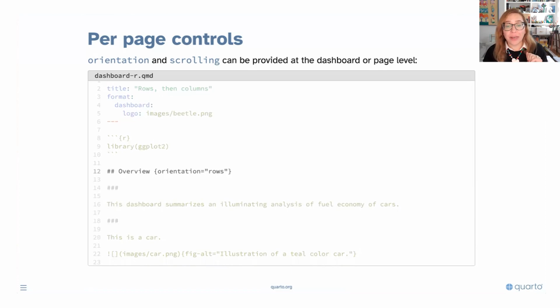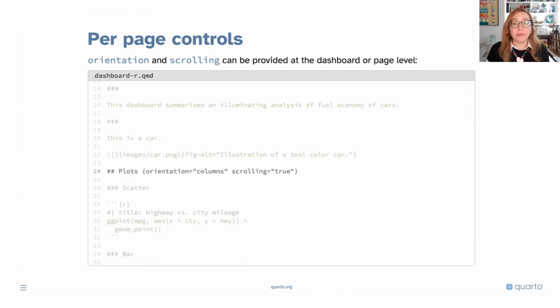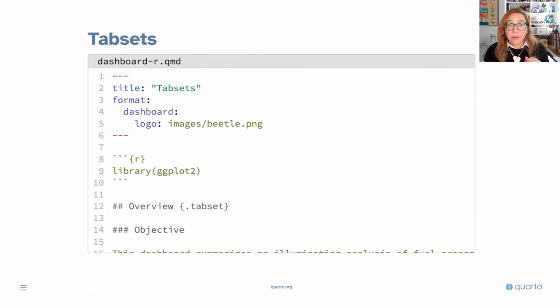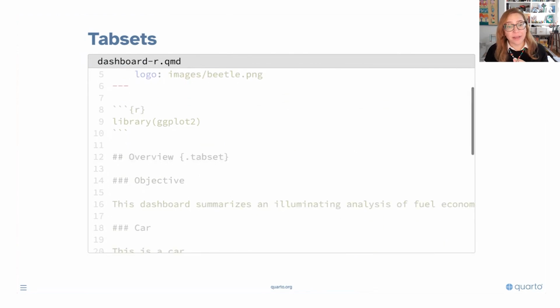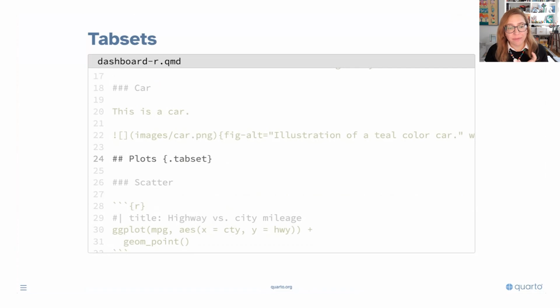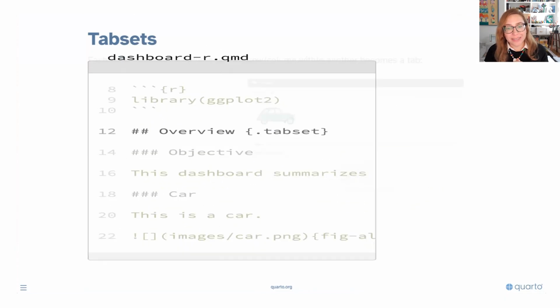So here I'm defining, for example, orientation rows or orientation columns, and then scrolling in addition to that as well. To divide content further, we said tab sets could be handy. In order to do that, we would define a tab set class that is associated with a heading. So here we have two headings, overview and plots, that are both set as tab sets.